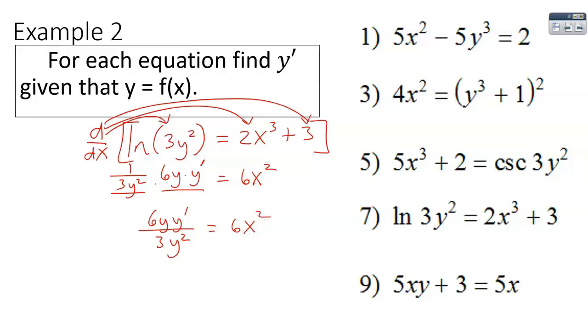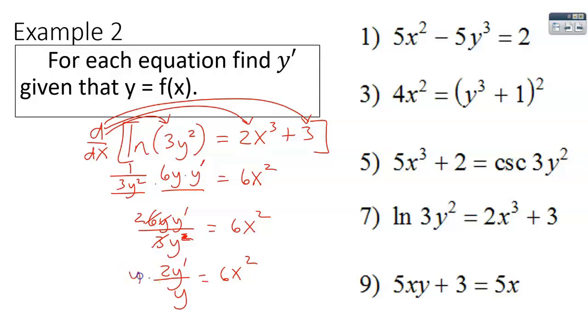We can keep simplifying here too. The y here will cancel out one of the y's on the bottom. The 3 will go into the 6 twice, so now I have this. And remember, my goal here is to get the y prime by itself. So how do we get the y prime by itself? Well, the first thing I do is I get rid of the y on the bottom.